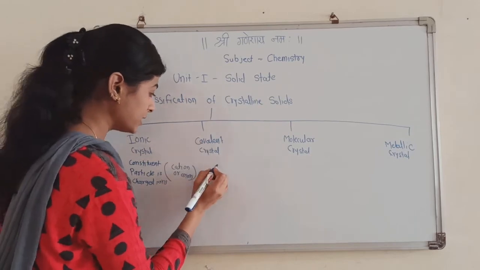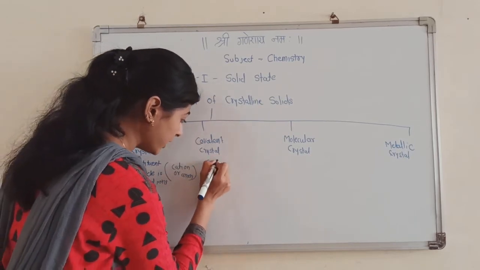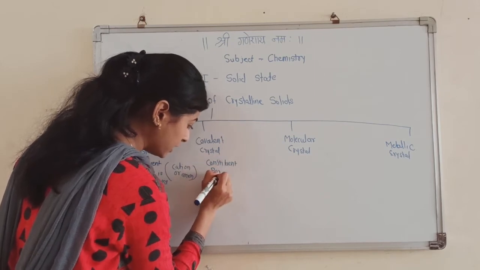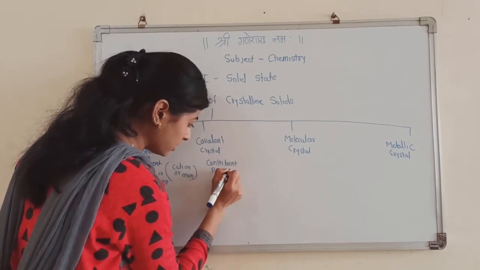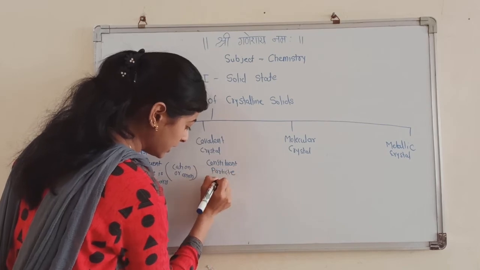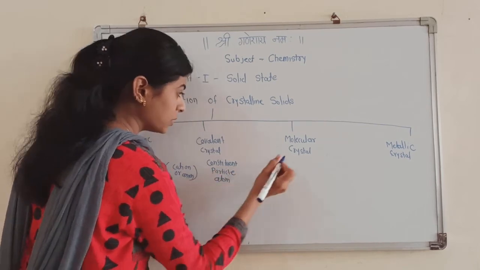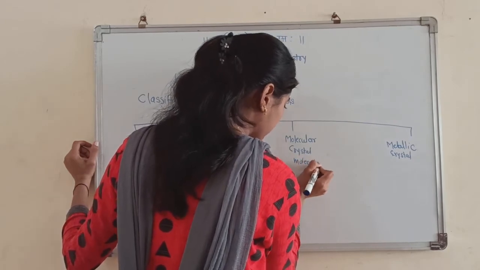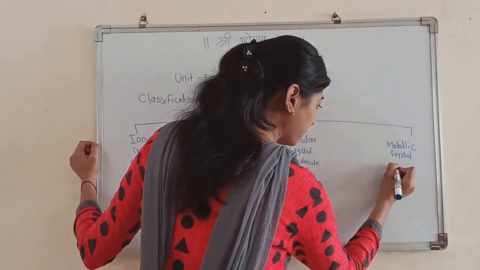In covalent crystals, the constituent particle is atom. Here molecule, and here metal.